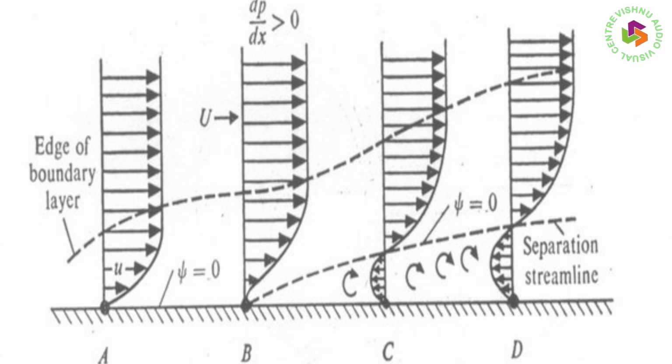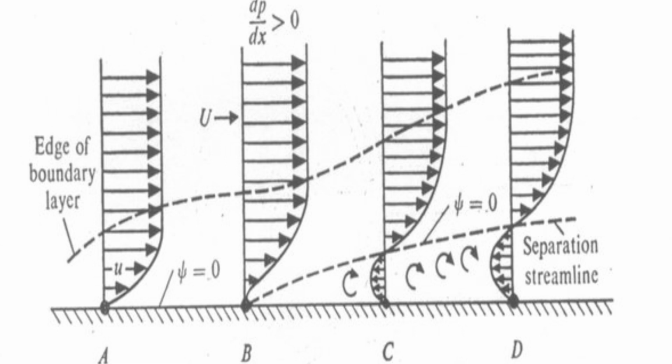Once laminar sublayer is completed, that completes for us all the zones of the boundary layer. The next one is the separation of flow, separation of boundary layer. The separation of boundary layer generally occurs in the presence of a positive pressure gradient.